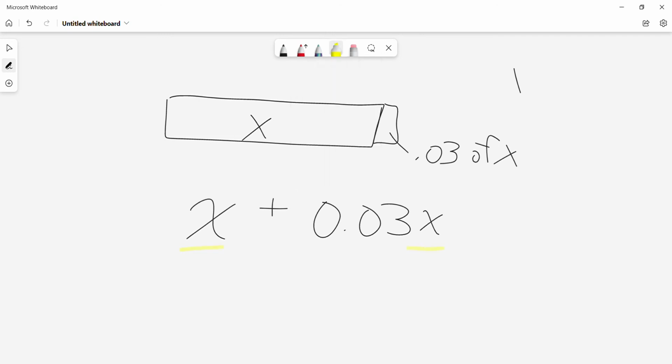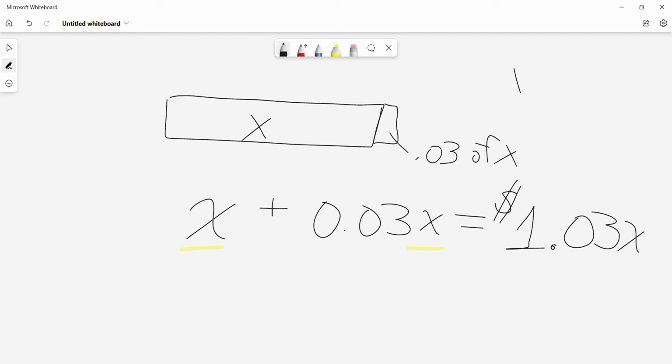We have two terms here. They are like because they have the same variable attached to them. They're both X terms. When I add those together, I will get 1 plus 3 hundredths is 1 and 3 hundredths X. So the price he paid was 1.03 X. Don't forget to label your units, dollars.